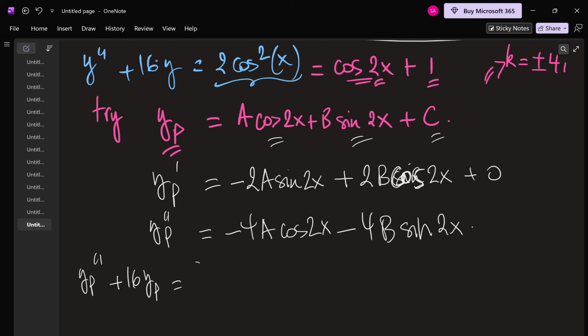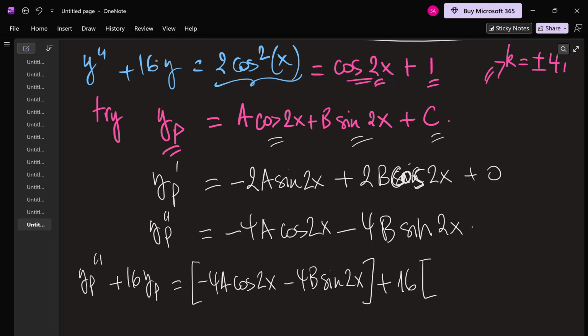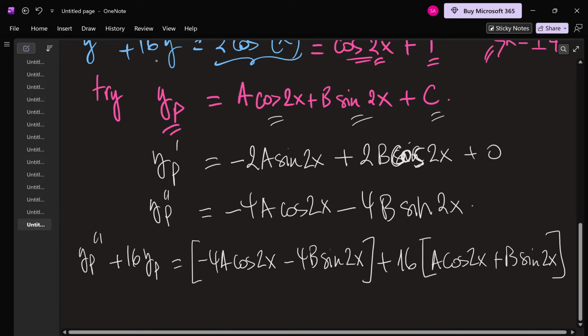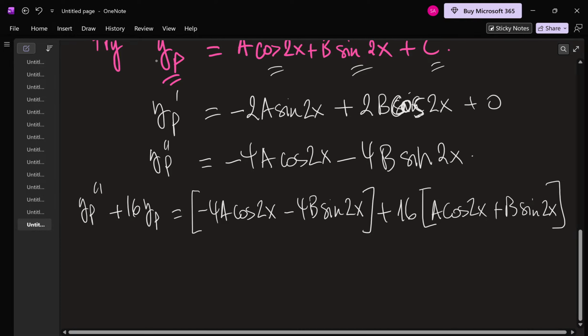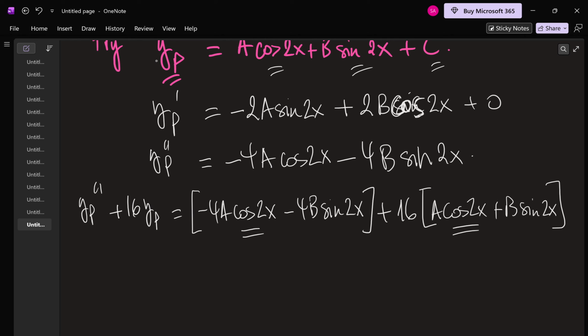So it is minus 4a cos 2x minus 4b sine 2x plus 16 times a cos 2x plus b sine 2x. So if you continue, let's collect these together.